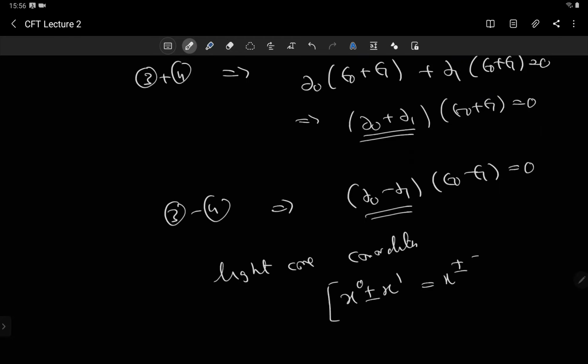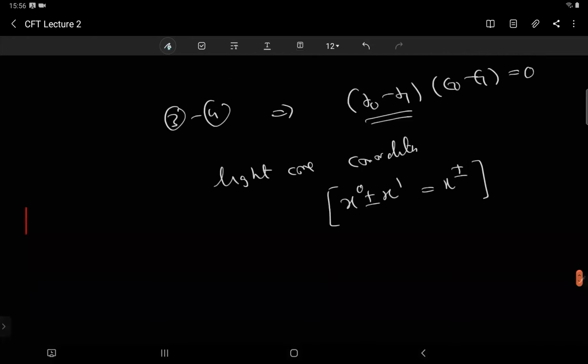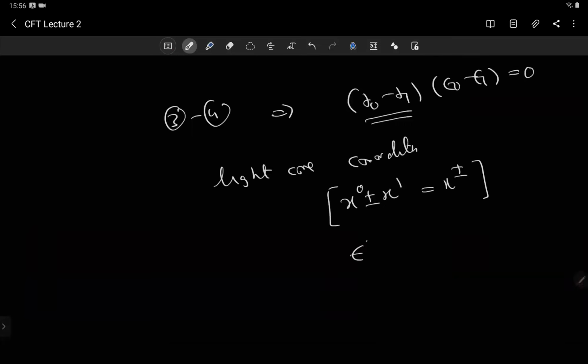So instead of x1 and x0, you use x plus and x minus. Then I can call epsilon 0 plus minus epsilon 1 as epsilon plus minus. I can use light cone coordinates for all vectors. Epsilon is also a vector, so I'll use the light cone coordinates for that also.